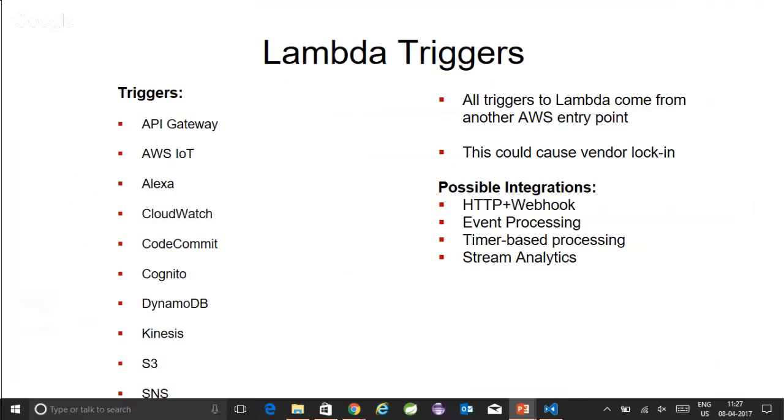For example, CloudTrail, which is used to track your API call details, you can't use directly to invoke Lambda. In such a case, CloudTrail has a facility to post that API call information into your S3, which can in turn trigger your Lambda function. So that is going to be the event.